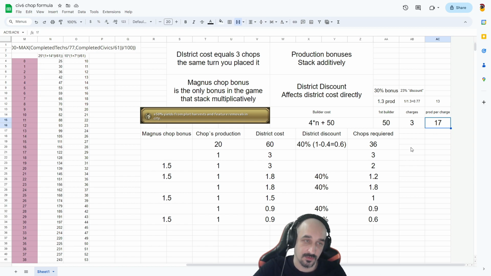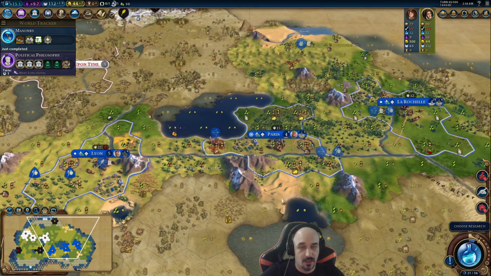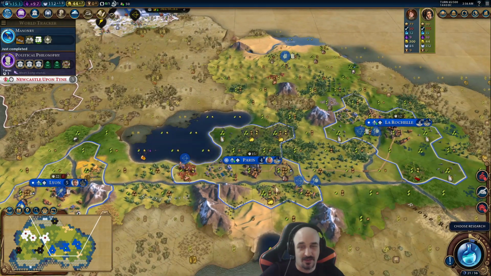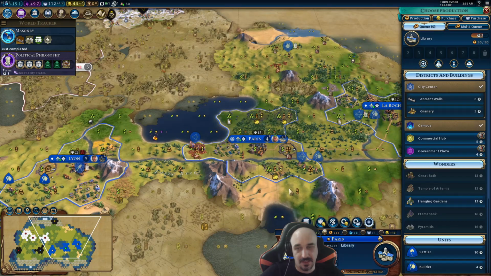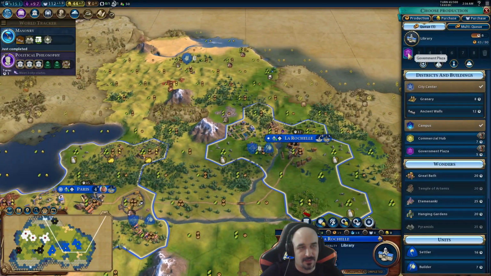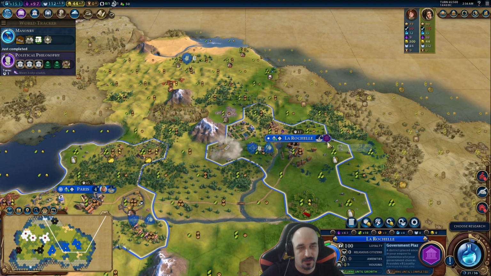So now, when we have this knowledge, let's chop and do better chops than we did before. Now, when we are aware of all the discount mechanics, let's try to play it slightly better about this campus with a +3.